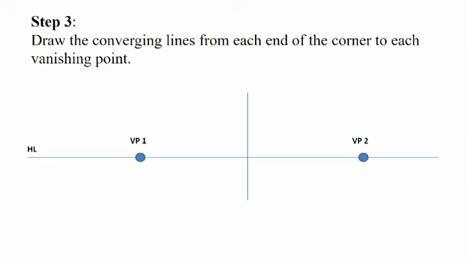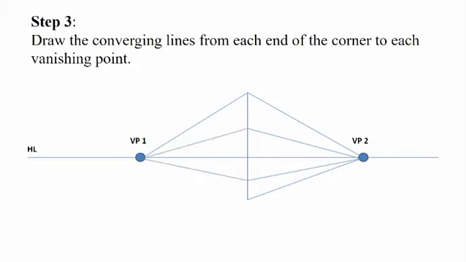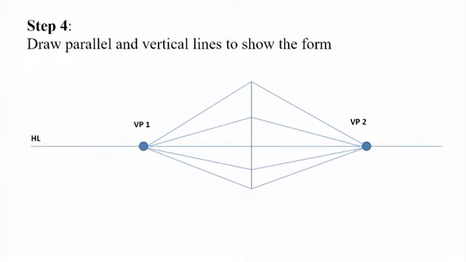Step 3. Draw the converging lines from each end of the corner to each vanishing point. These converging lines are called orthogonal lines. Step 4. Draw parallel and vertical lines to show the form.